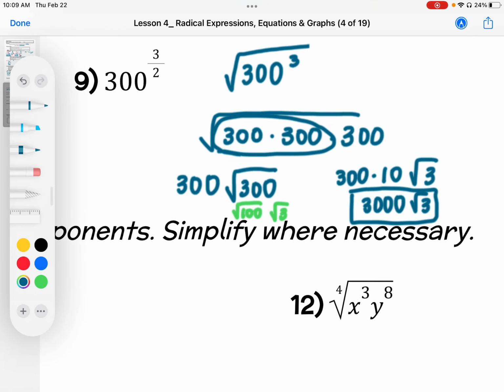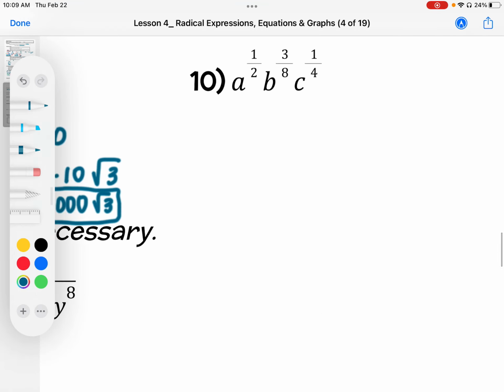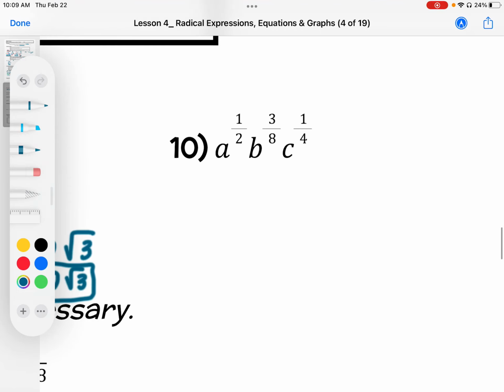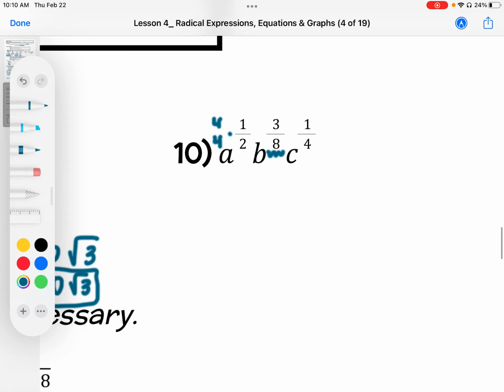All right, and then the last one, we're going to get a common denominator so we can write these all under the same radical. So if we look at this, the biggest denominator is going to be 8. We want them all to have that denominator now. So if we want a fraction that has 2 as the denominator to have a denominator of 8, we're going to multiply the top and bottom by 4. And if we want a fraction that has a 4 as the denominator to have an 8, we're going to multiply the top and bottom by 2.